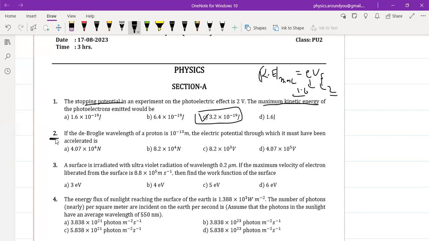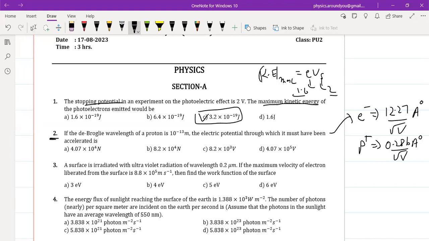Then, well, the second question is what requires a shortcut. For an electron, the de Broglie wavelength shall always be 12.27 by root V angstroms, whereas for a proton, it shall always be 0.286 by root V angstroms.